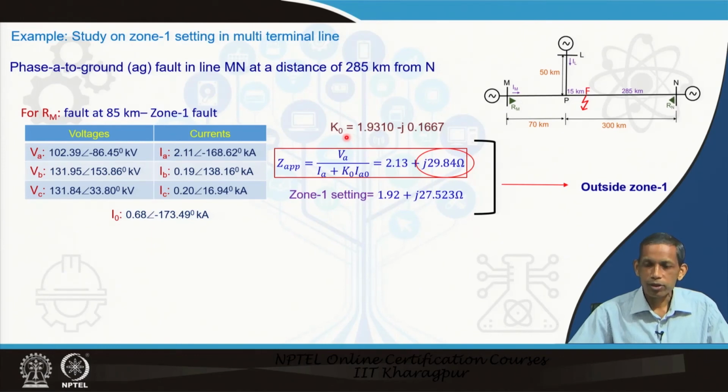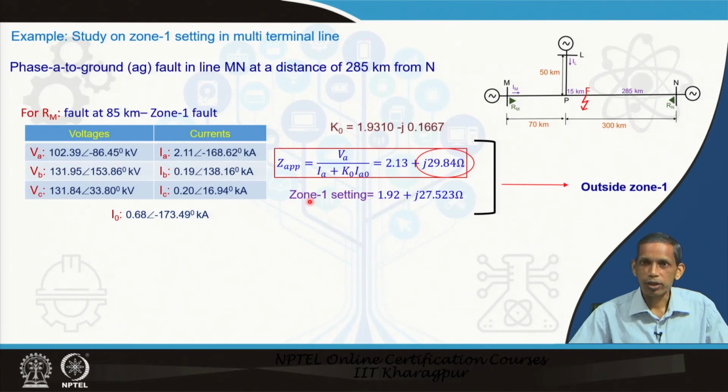The K naught for this situation is available from Z naught and Z 1, Z naught minus Z 1 upon Z 1. This I 0, the zero sequence current for this situation, is obtained from IA, IB, IC. So, we apply the normal Z apparent equals V A upon I plus K naught I naught, and we got the impedance to be 2.13 plus j 29.84 ohm.